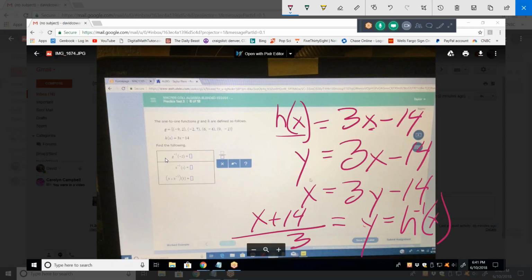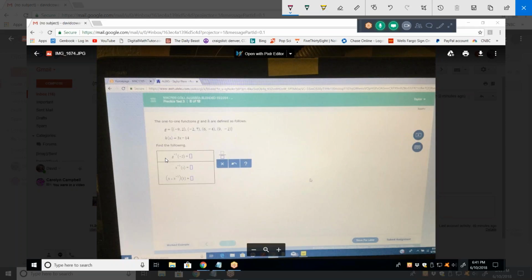Gotcha. And the last one here, what does that say? H of inverse of h, and then 1.